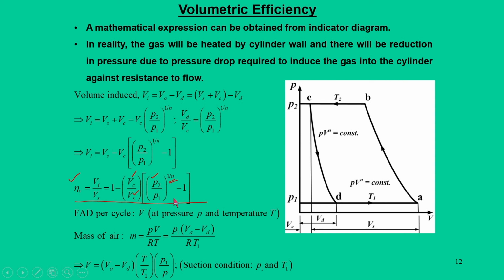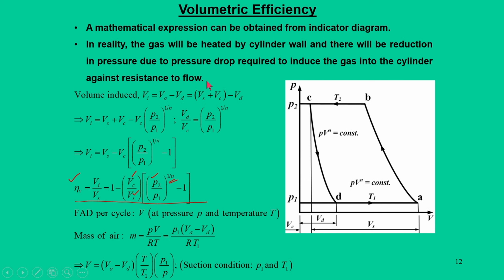So, here this is the free air delivery. Another point is that in reality the gas will be heated by the cylinder, and there will be a reduction in the pressure due to the pressure drop needed to induce the gas into the cylinder against the resistance of the flow.